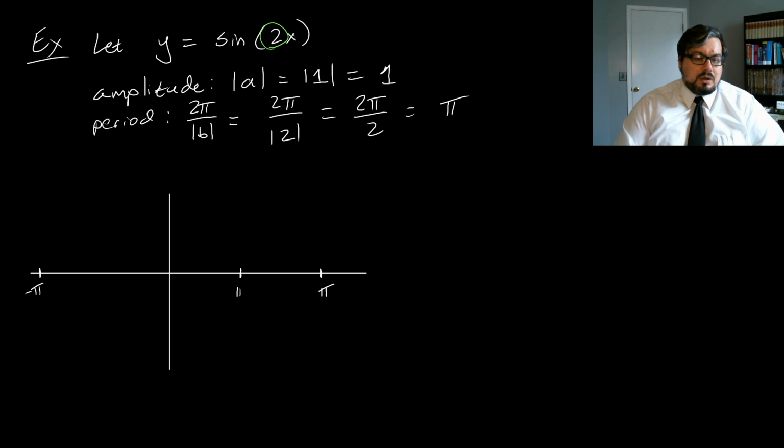Your next step is always to set up your tick marks between 0 and pi, 0 and whatever your period is. So you get the halfway point, which in this case will be pi over 2. Then you divide that in half again, which is pi over 4. And then halfway between pi over 2 and pi is 3 pi over 4.